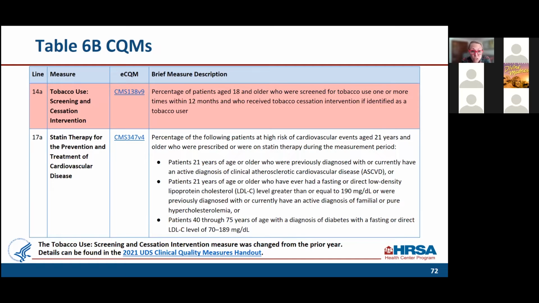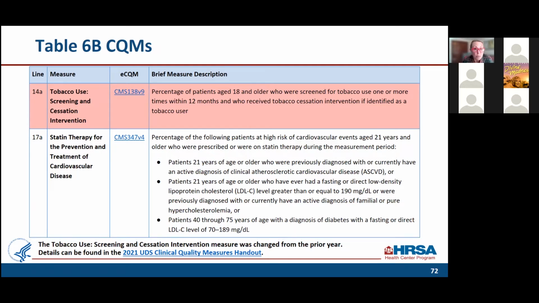For the tobacco screening measure on line 14A, it looks at the percentage of patients 18 or older screened for tobacco who receive cessation if identified as a tobacco user. There is a change from 2020 to 2021 to this measure, which I'll go into in detail in a moment here.